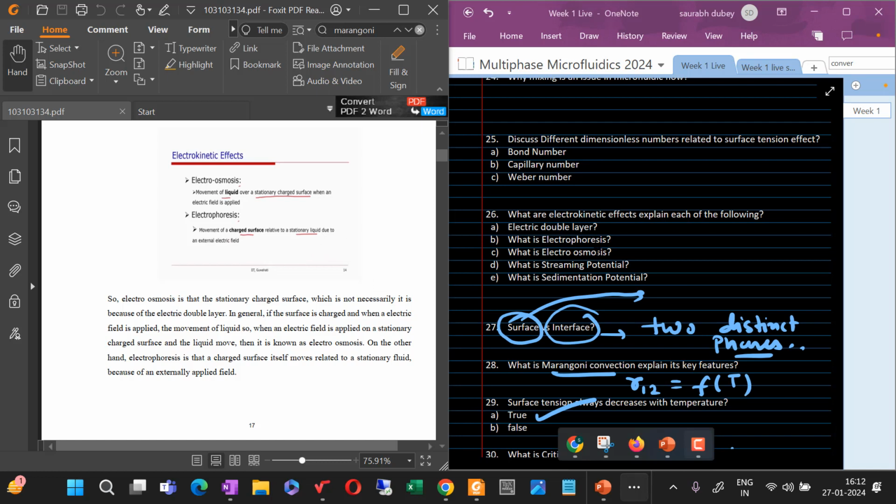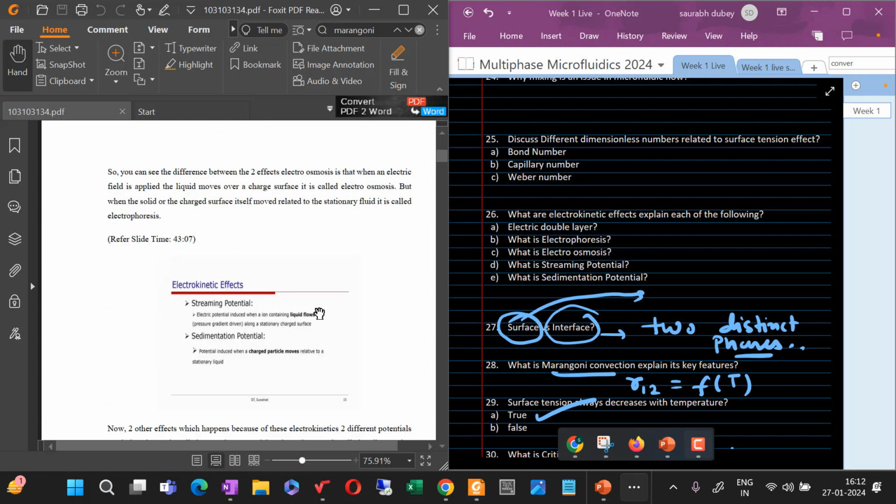In those terms, these definitions are defined. And in the case of streaming potential, the electric potential is induced when a charge-containing liquid flows along a stationary charged surface. So based on that, there will be induction of the charge.